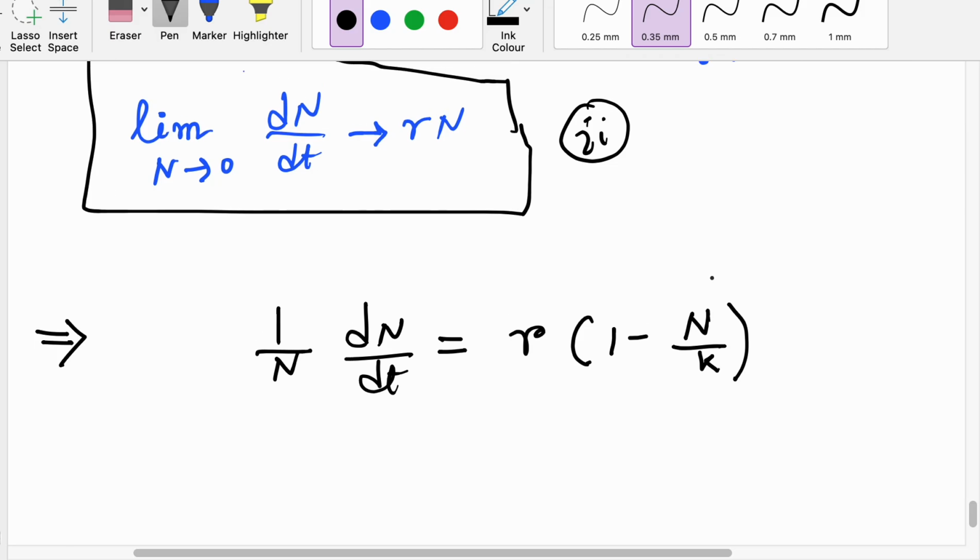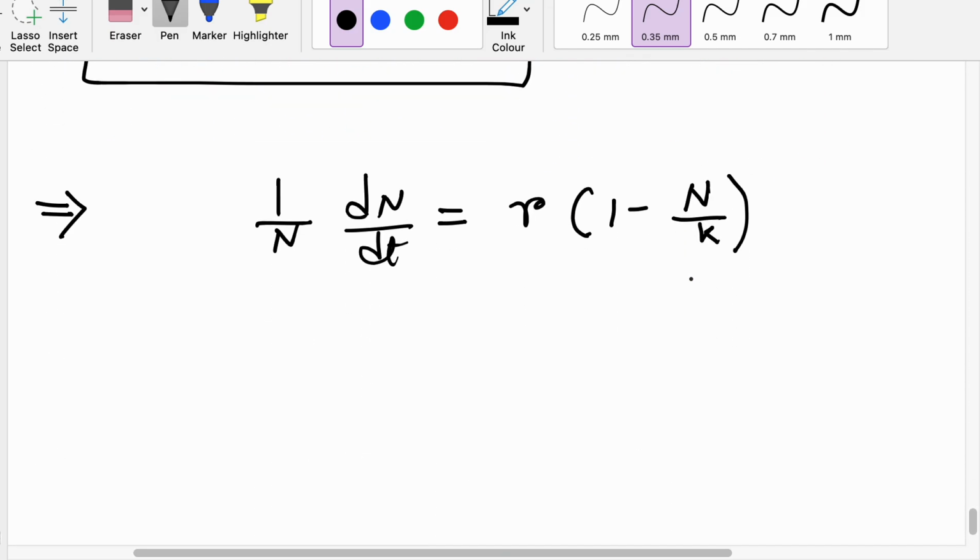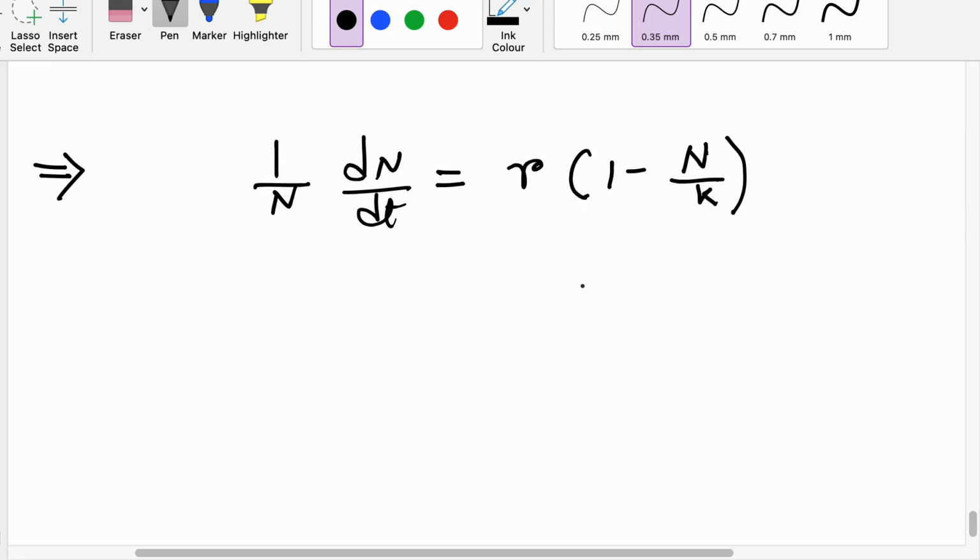Now let's check whether dN/dt is 0 at N equal to K or not. If I put N equal to K here, you will see that dN/dt will become 0, since this part will become 0, so the first assumption is satisfied.